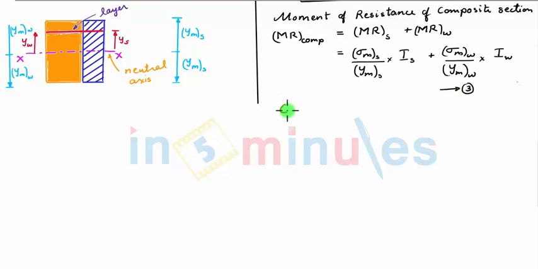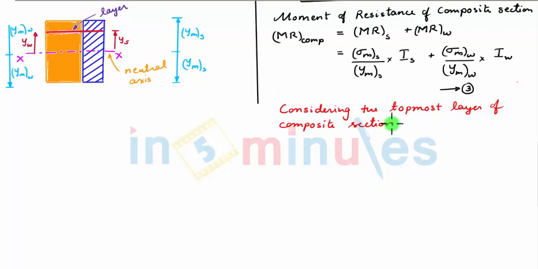Now considering the topmost layer of the composite section, that is at a distance y equal to y max of steel, and it is also equal to y max of wood.